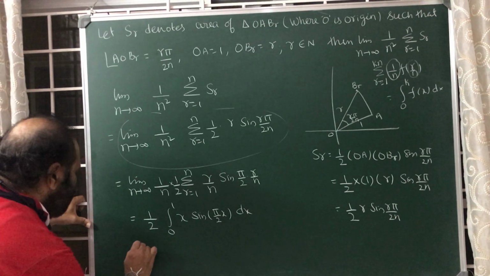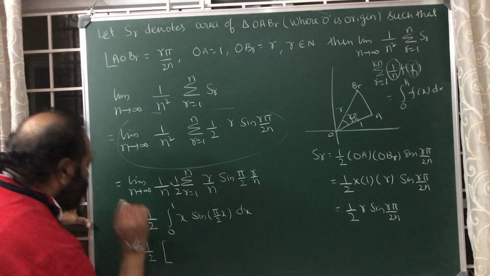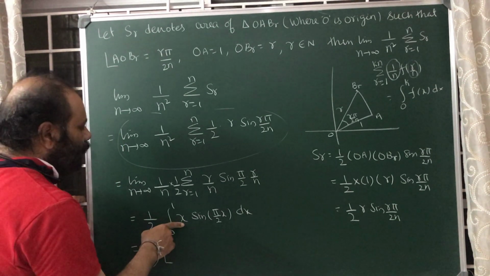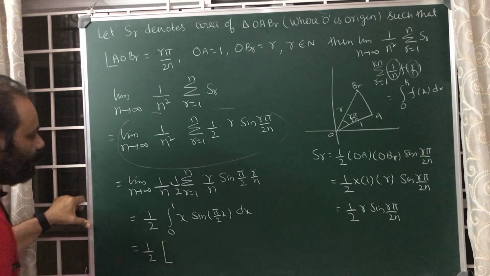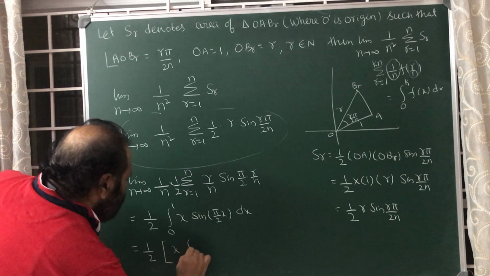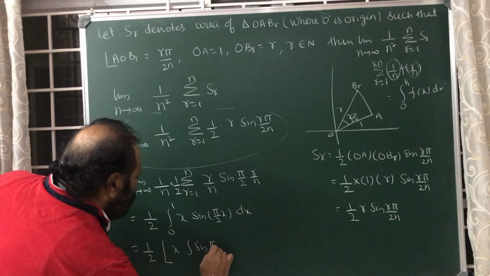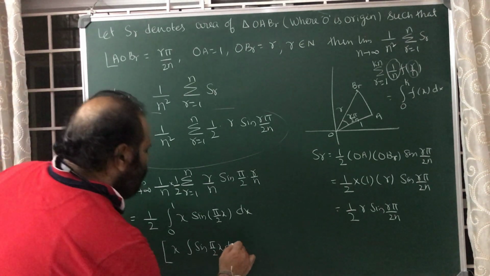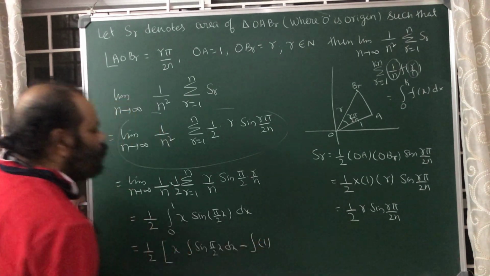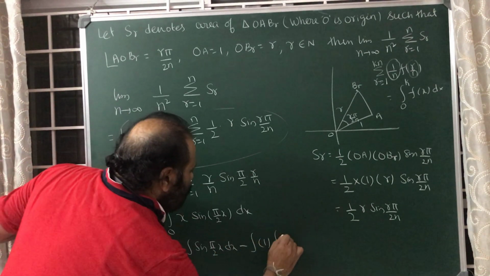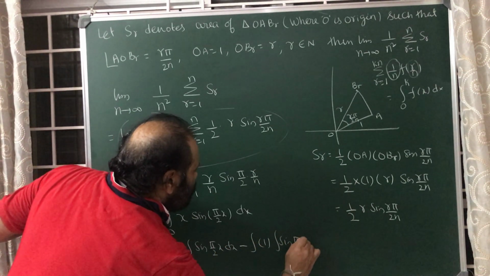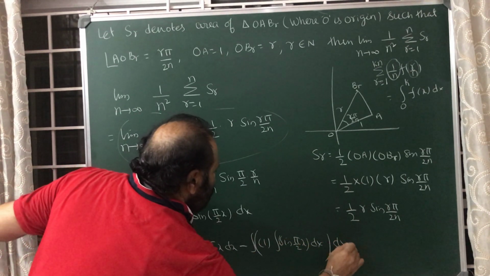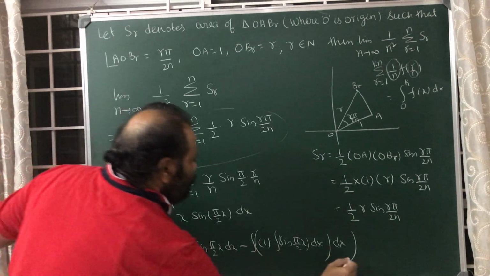So by doing integration by parts, 1 by 2 into, here I want to take this x as the derivative part and this sine as the integrating part. So x into integration of sine pi by 2x dx, minus the integration of derivative of x, which is 1, into the integration of sine pi by 2x dx, whole dx, between the limits 0 to 1.